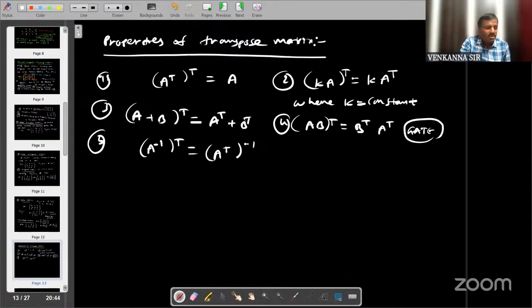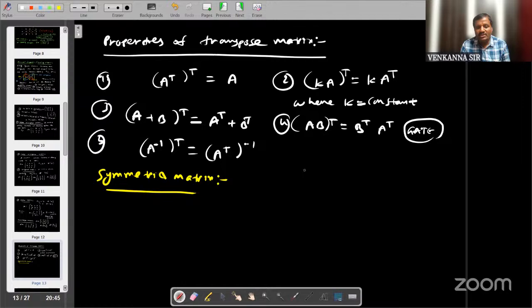Coming to the next topic, the symmetric matrix definition. What is the condition for the symmetric matrix? A transpose is equal to A. This condition is also a previous GATE question; direct conditions are asked in the GATE exam.